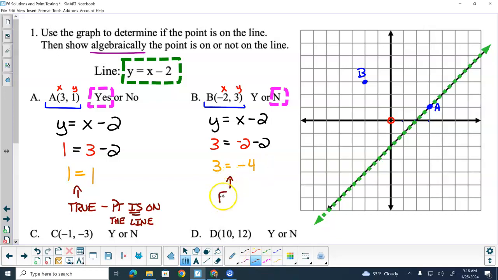And that there is our false statement. So therefore the point is not on the line. Okay.